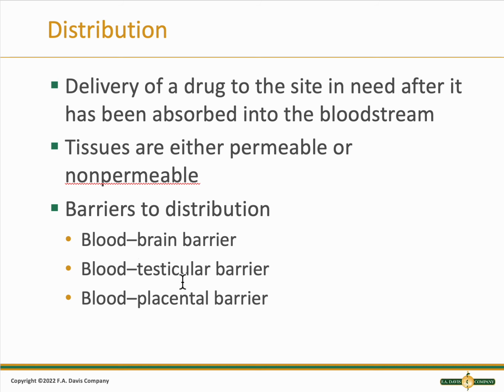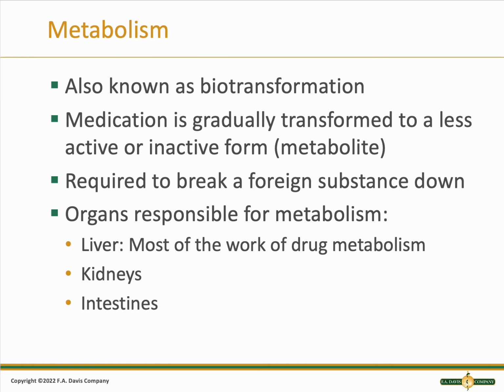There's also a blood-testicular barrier, which is a barrier between the blood and the testes, and a blood-placental barrier, which protects the growing fetus from medications or toxins, and in this case, medications.